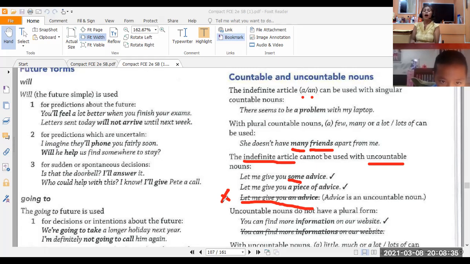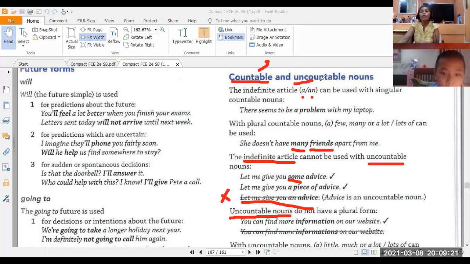So you cannot say unadvised because advice is uncountable. You cannot count advice. Do you understand me? Okay. For uncountable nouns, nouns that cannot be counted, you will use more. Do not put S. When the noun is countable, there is S, like fruits, vegetables.